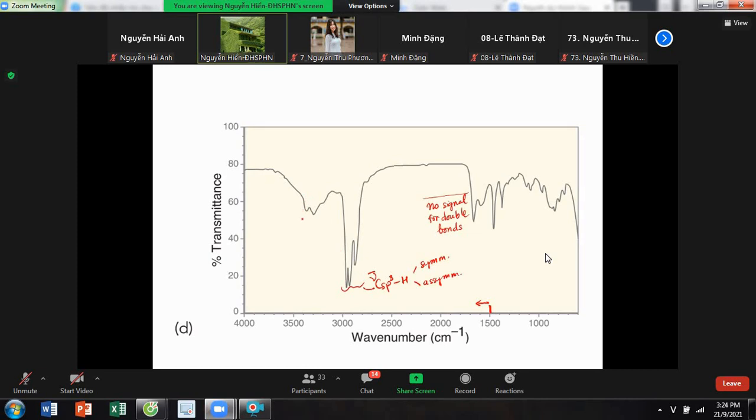Okay, again, the two most important signals that are close to each other. So this one is 3,350. This one 100 centimeters above. So yes, they are the signal for primary amines.